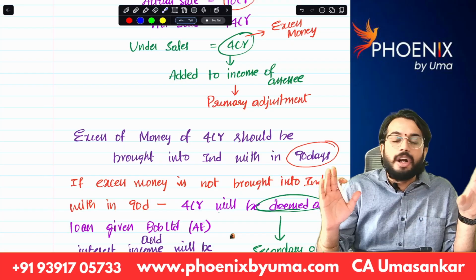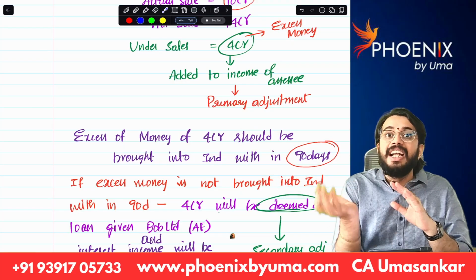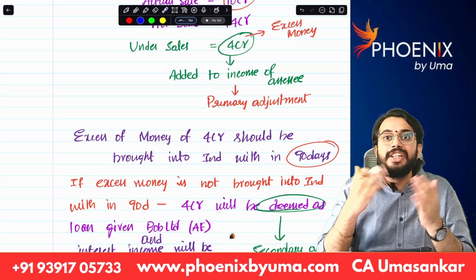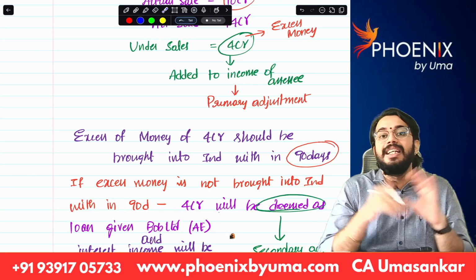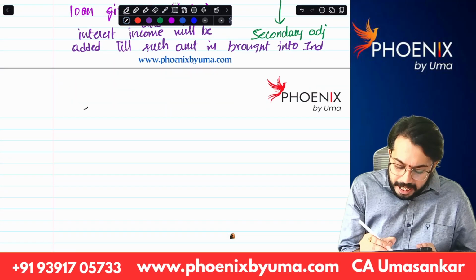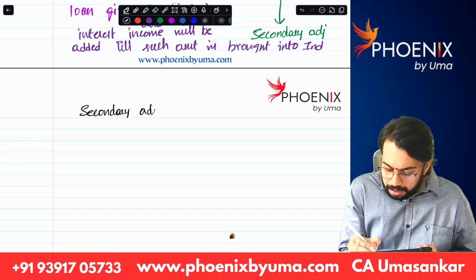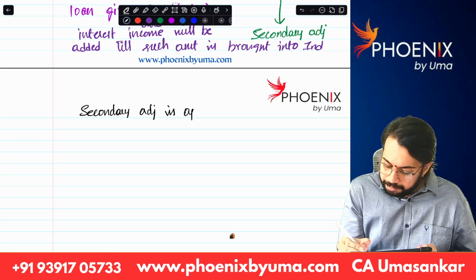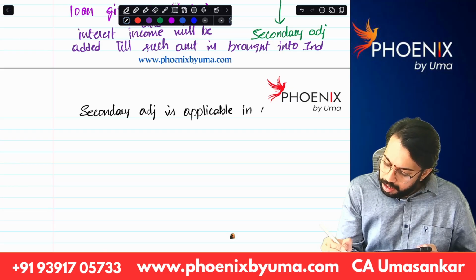If it is not brought into India, it will be deemed as loan given to associated enterprise, and interest income will be added. Such addition of interest income, if excess money is not brought to India, we call as secondary adjustment. The concept of secondary adjustment is applicable in 5 cases.